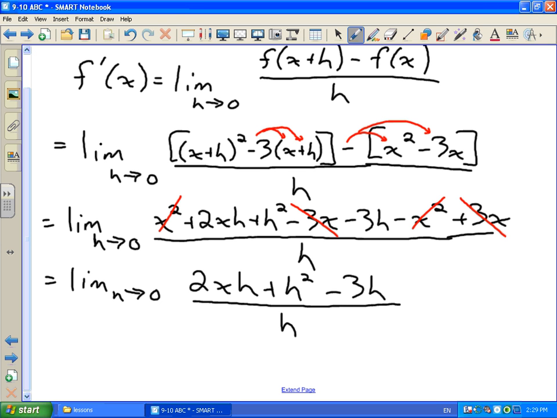And this is good because now all the terms in my numerator have an h in them. So I can cancel out these h's, top and bottom. So this 3h will just become negative 3. h squared will just become h, and 2xh becomes 2x.